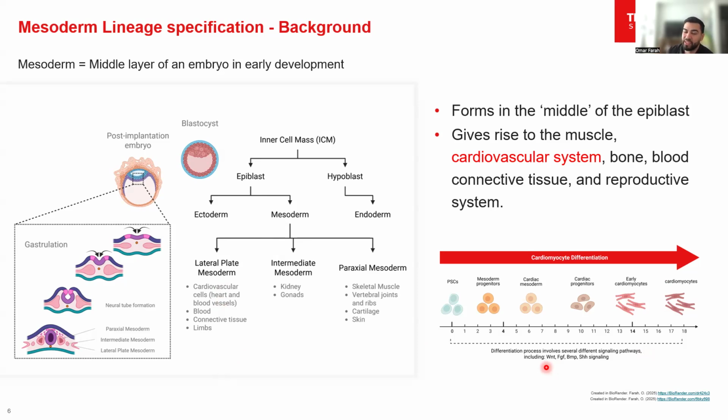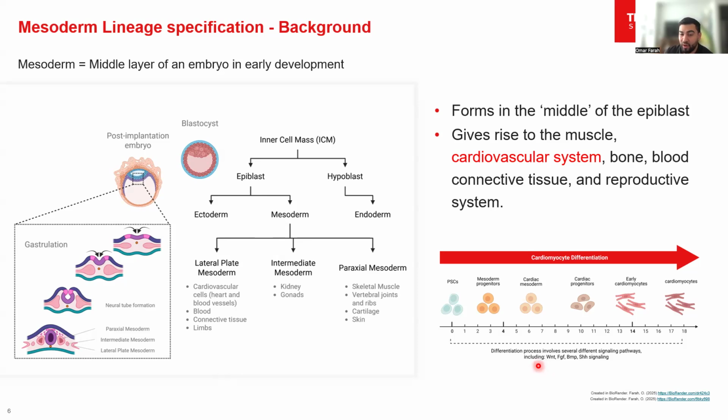So what we do in the lab, in pretty much any differentiation protocol that you'll see, is we're trying to expose our pluripotent stem cells to a particular growth factor that will signal to them that they should start a particular cascade of events that will eventually lead to them differentiating into a particular progenitor state, and then that progenitor state can be further pushed into our terminal cell type.